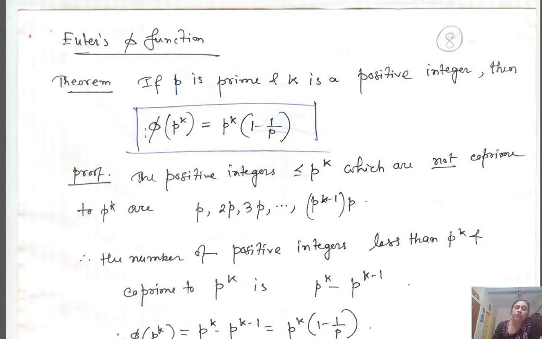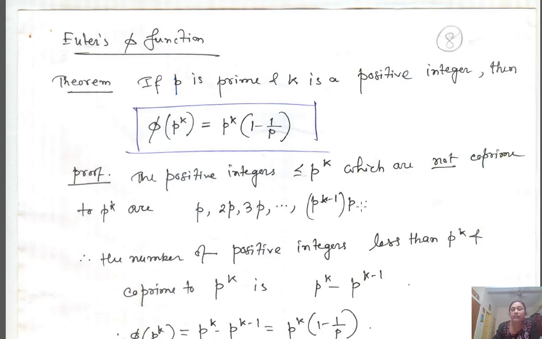Now list the positive integers which are less or equal to p to the power k and not co-prime to p to the power k. Not co-prime to p to the power k means these are actually multiples that have p as a factor. So p, twice p, thrice p, up to p to the power k minus 1 times p.